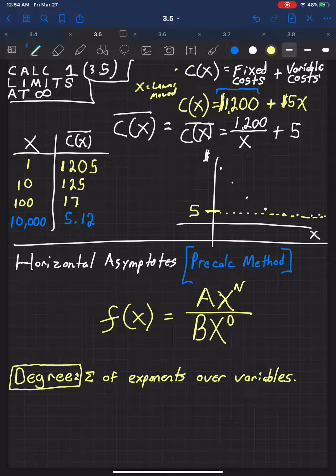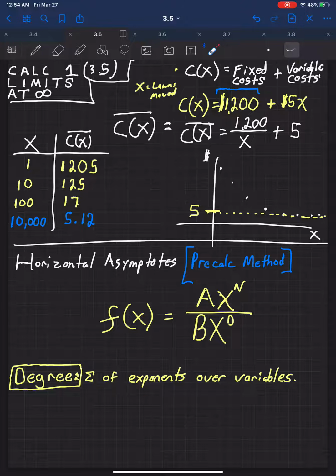In other words, over the long run, right? I believe it was Keynes said in the long run we're all dead, but in this case, the point that we're making is in the long run, your average cost really just becomes your variable costs.